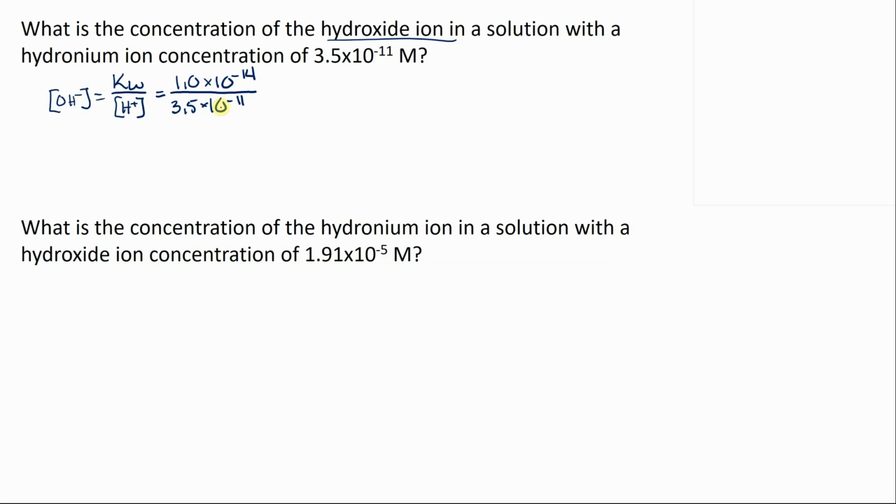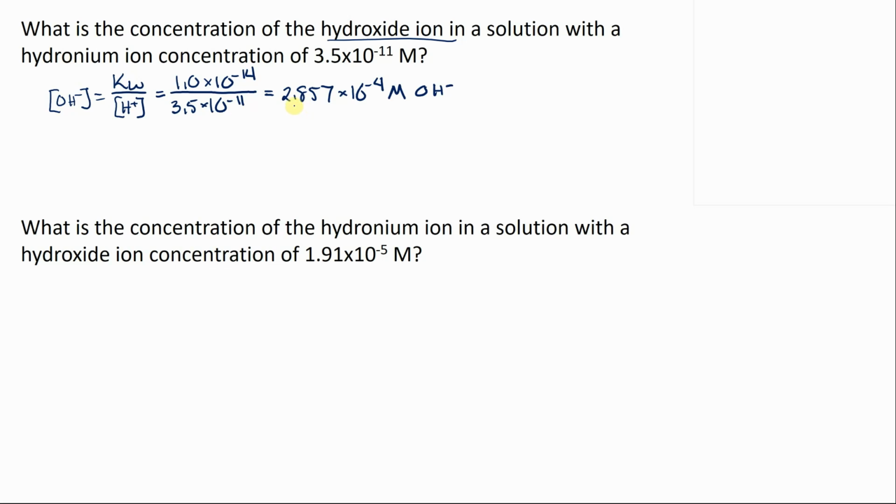When we're doing these calculations, strictly speaking, it's divided by an activity coefficient that has units of inverse molarity, and they go away. But when we get our concentration out of this calculation of 2.857 times 10 to the negative 4, we need to put units of molarity on that concentration of hydroxide.